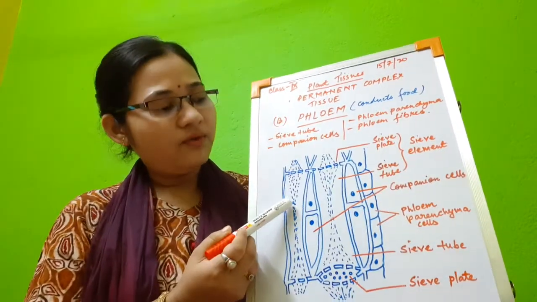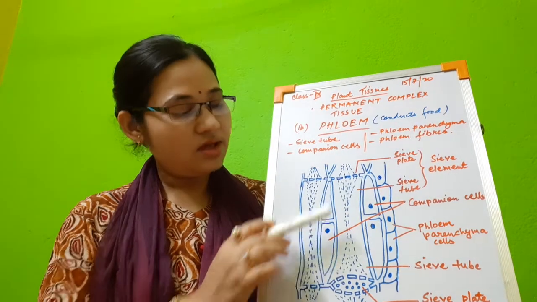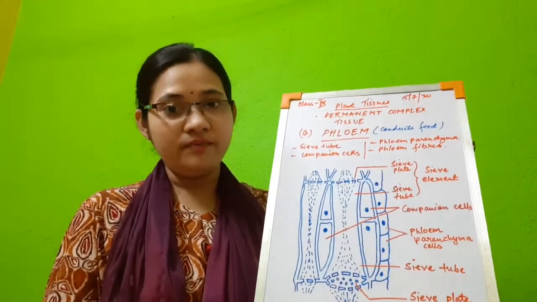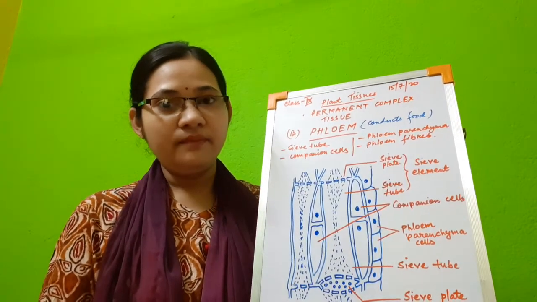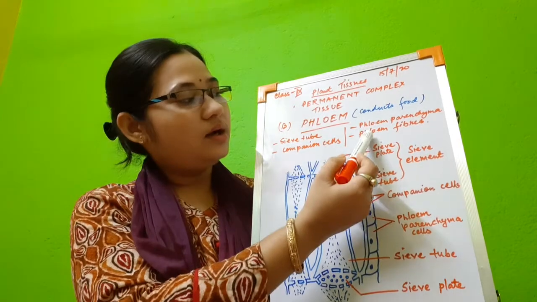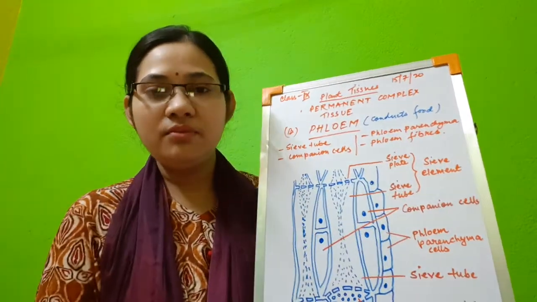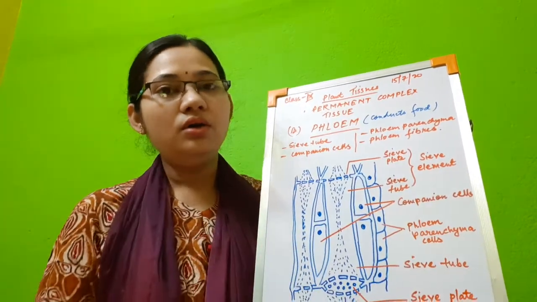Phloem consists basically of living cells. When these living cells become devoid of nucleus and protoplasm at maturity, and die out, they are converted into phloem fibers. The important function of phloem fibers is to give mechanical strength to the bark or wood portion.